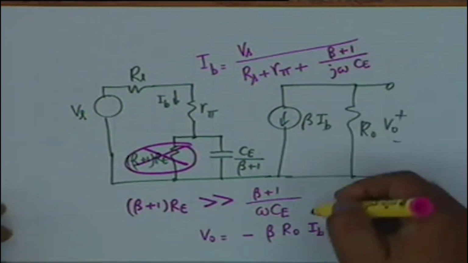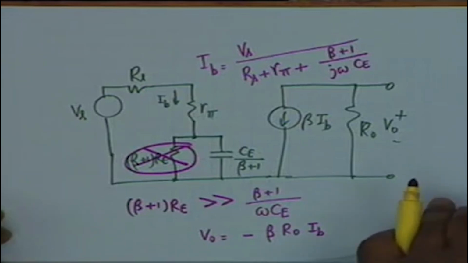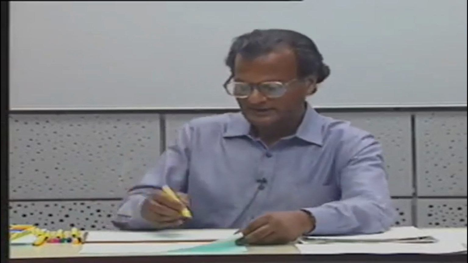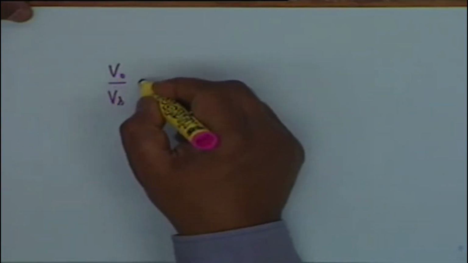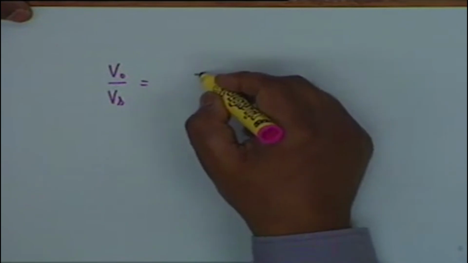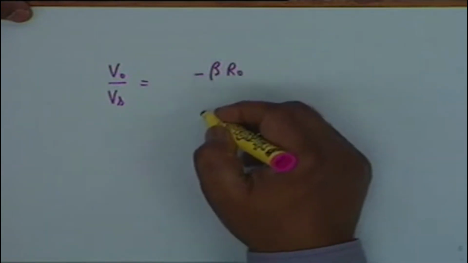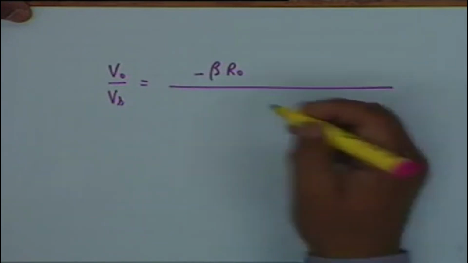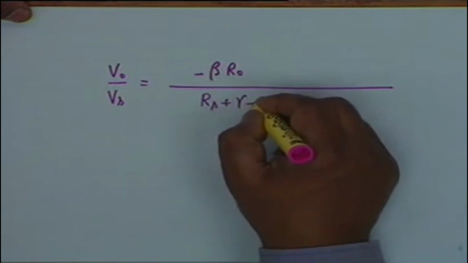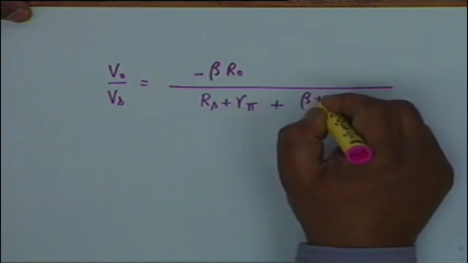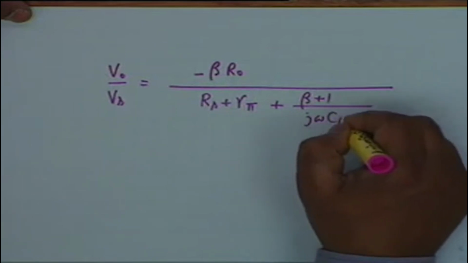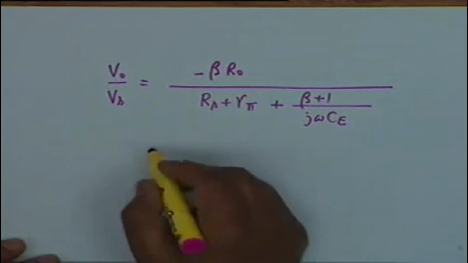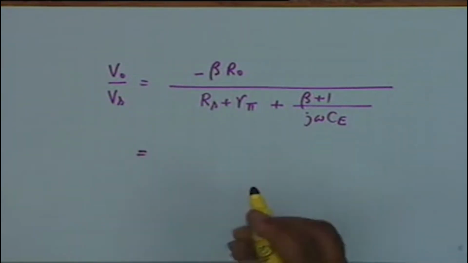Now if I combine these two, then obviously I can get an expression for the gain, that is V0 by Vs, and you can see that V0 by Vs, simple algebra, is minus beta R0 divided by Rs plus R pi plus beta plus 1 divided by j omega Ce, alright, which I can write as, I have just combined those two terms.